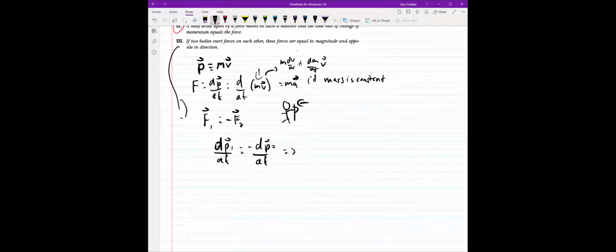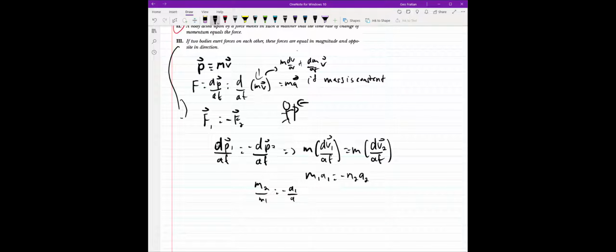So we can expand and get m1 dv1/dt, assuming again mass is constant, which does not have to be the case in a lot of situations, but for a lot of problems it will be. There's a negative sign there, sorry. In other words, m1 a1 is equal to negative m2 a2, or the ratio of the masses is equal to the negative inverse ratio of the accelerations.